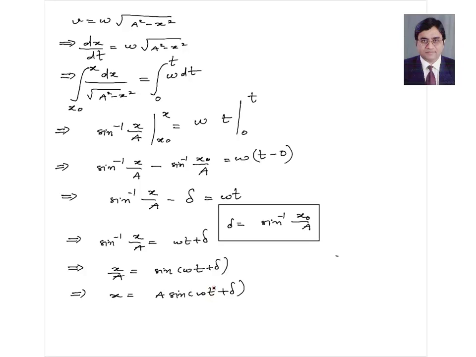As time changes, x changes. Capital A is, okay, that we will see now. What is capital A?